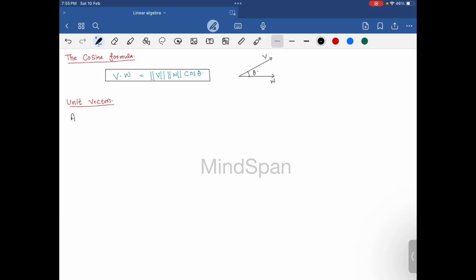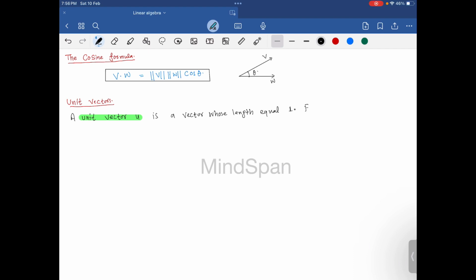Let me write it down. A unit vector, let's call it u, is a vector whose length is equal to 1.